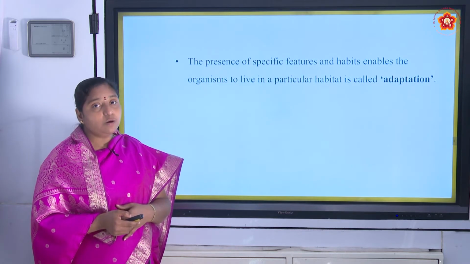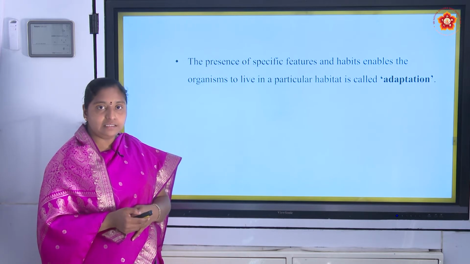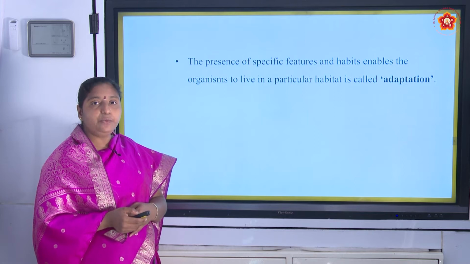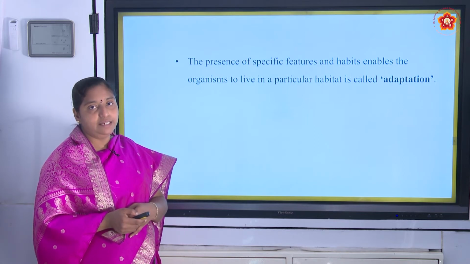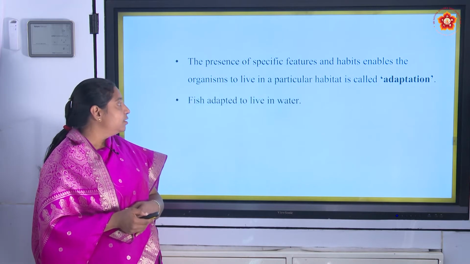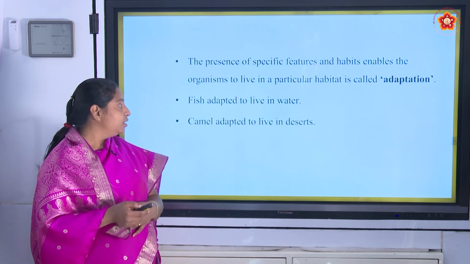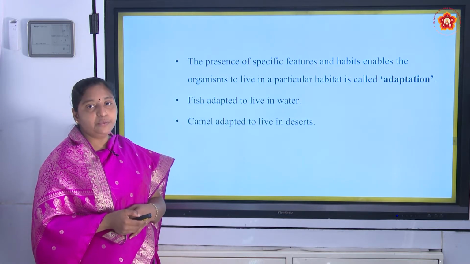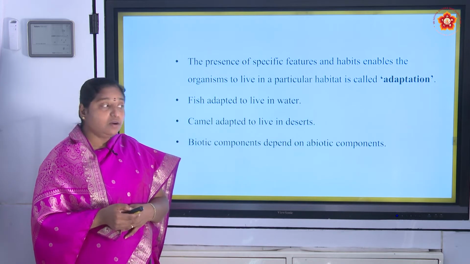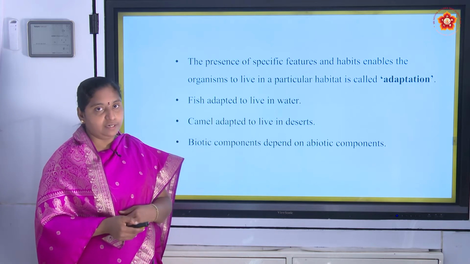The presence of specific features and habits that enables organisms to live in a particular habitat is called adaptation. Fish are adapted to live in water. Camels are adapted to live in deserts. Biotic components depend on abiotic components.